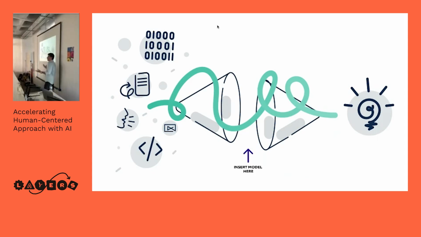Or it kind of predicts, like people who use this data and do this have the propensity to do certain things. Or it generates information, like brand new information. That's what essentially ChatGPT and DALL-E and all these generative AI tools do.